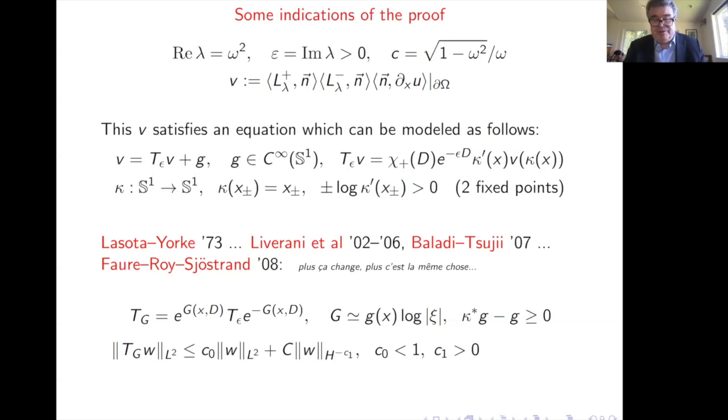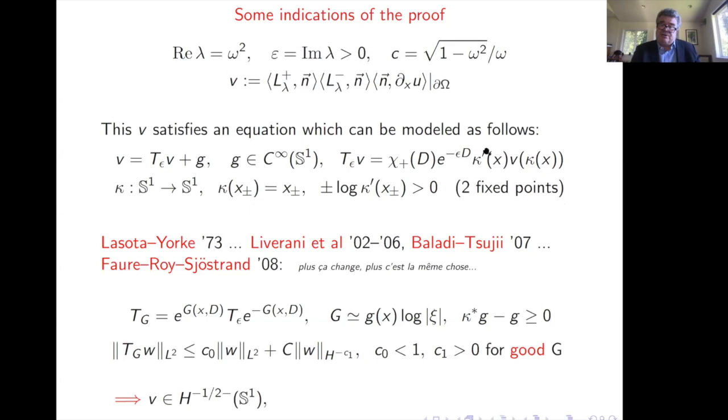And for good G, so these G's have to satisfy more properties than just this. But you can construct G's for which this is true, and you can have properties of this G which give you various consequences, such as that V is in H minus 1/2 minus.